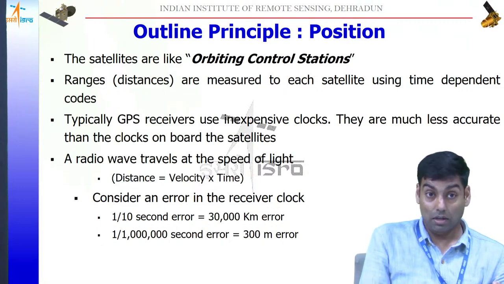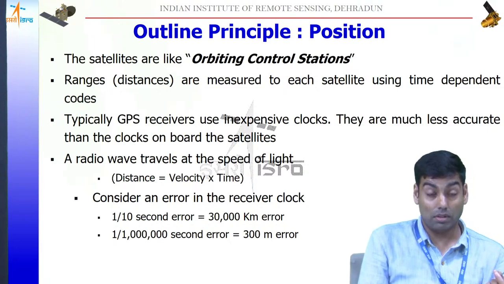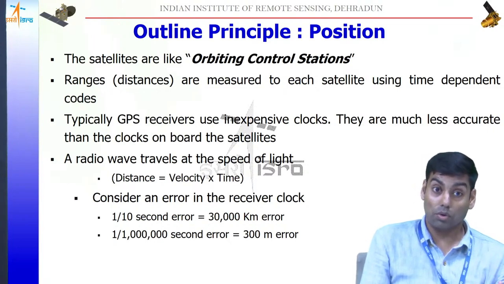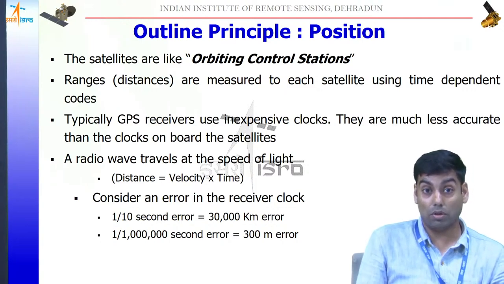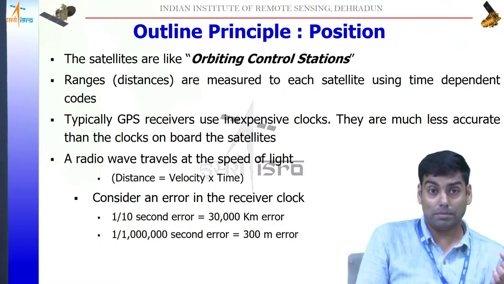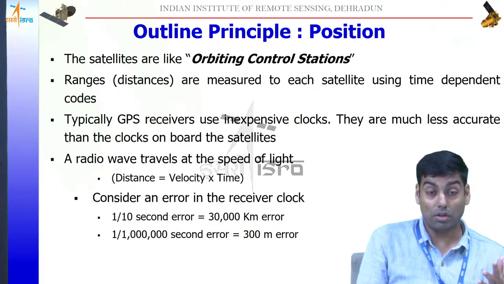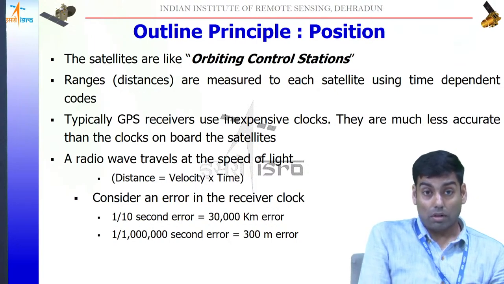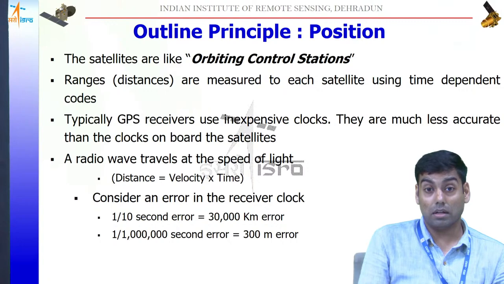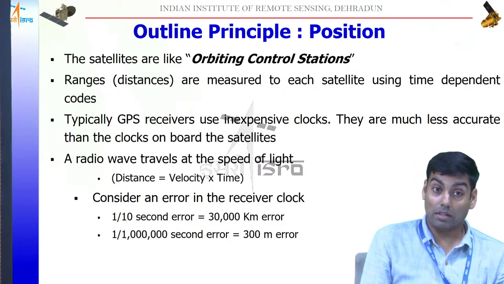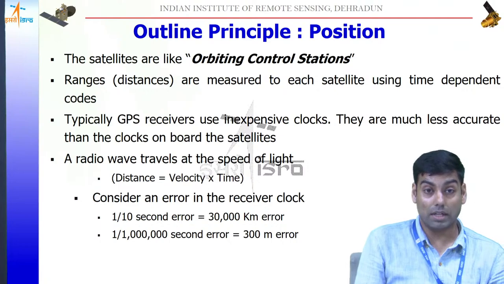It is not very good, unlike rubidium and cesium clocks, which are very precise and also called atomic clocks. Their oscillation is so precise that in nanoseconds it does not create any ambiguity, but they are very costly. That's why we normally depend on quartz clocks, which are much less accurate than the clocks on board the satellite.